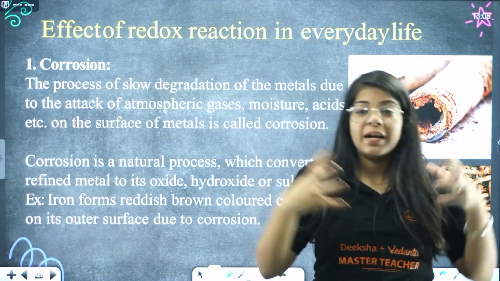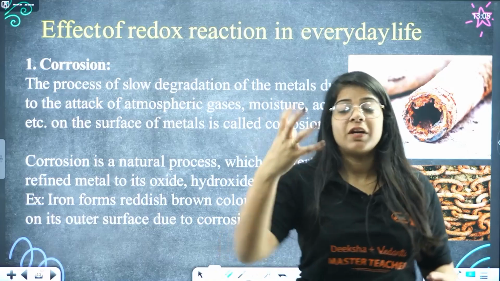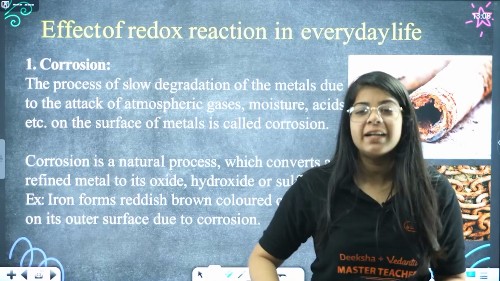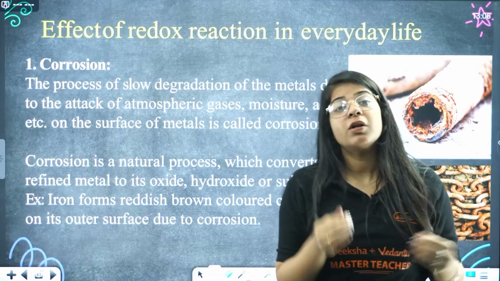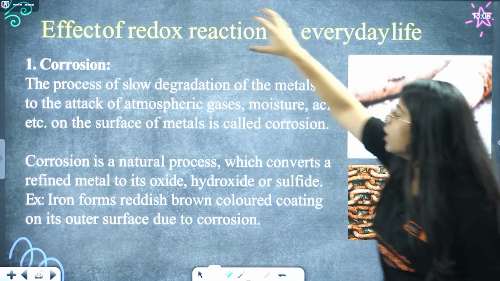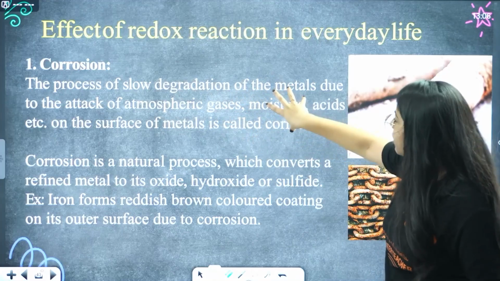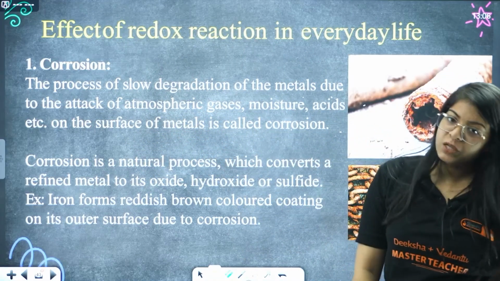That means that metal is getting degraded due to the effect of atmospheric gases and moisture, and the surface of the metal gets very degraded. It's called corrosion. So the process of slow degradation of metals due to the attack of atmospheric gases, moisture, acid on the surface of the metal is called corrosion.